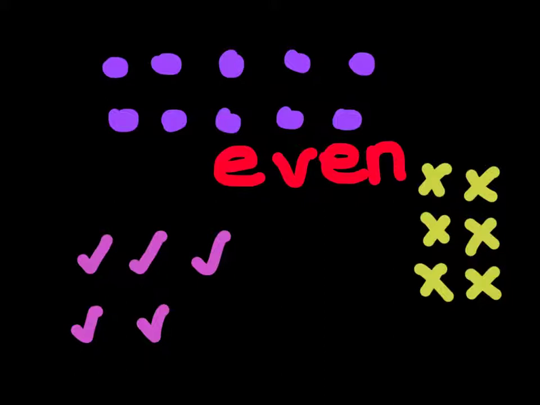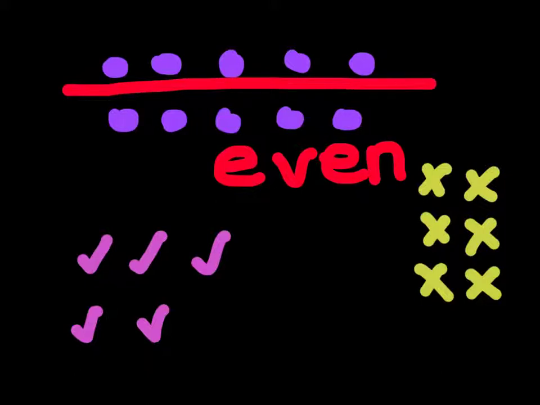Here we have 10 purple dots. 10 is an even number, so I can have half of that group. There's 5 on the top and 5 on the bottom. Over here we have, on the right side, 6 yellow X's.